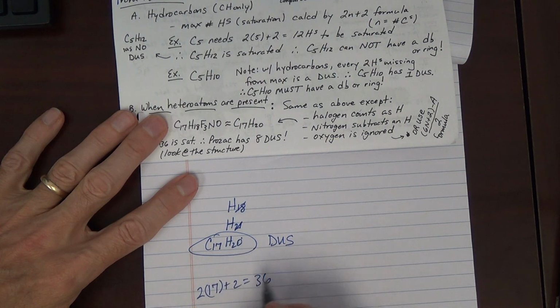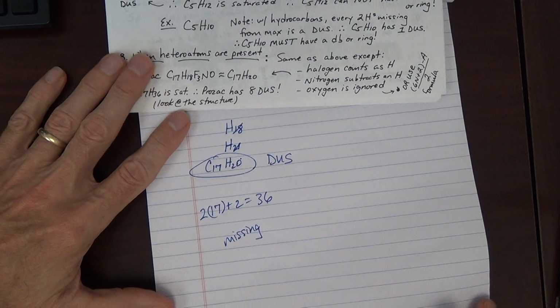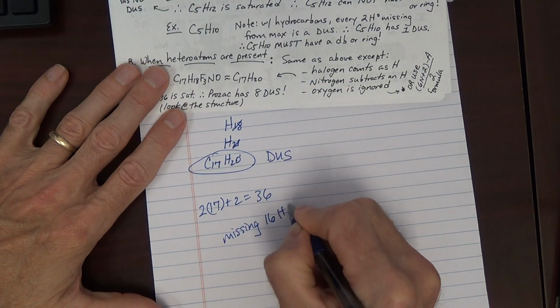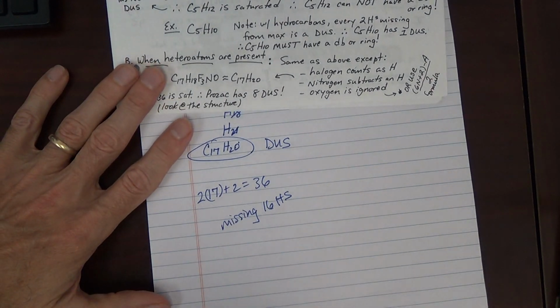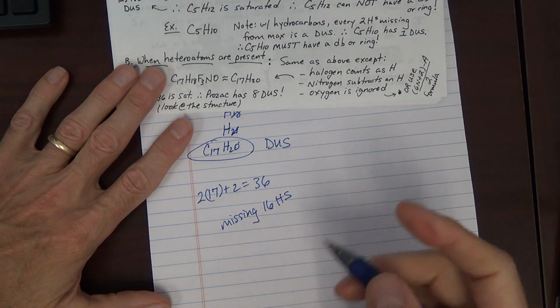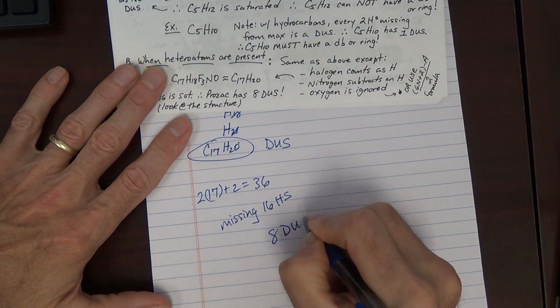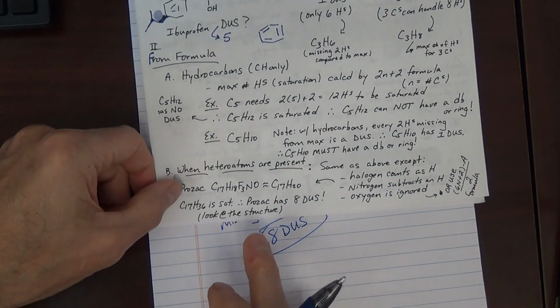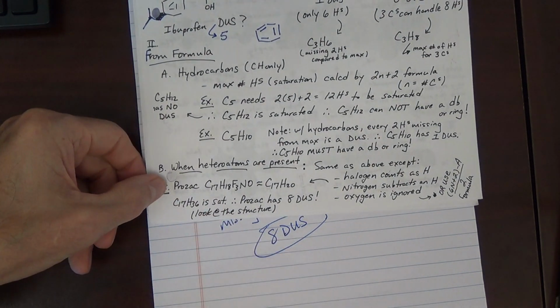So we only have 20 H's, we're missing 16 H's. So how many DUS is that? Well, every 2 you're missing is a DUS. So effectively you divide this by 2 and we have 8 DUS. We just determined it from formula. Prozac has 8 DUS.